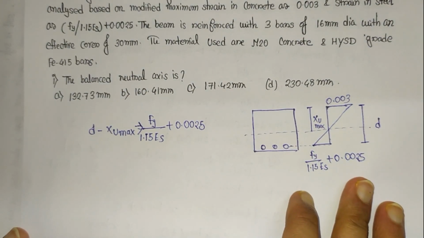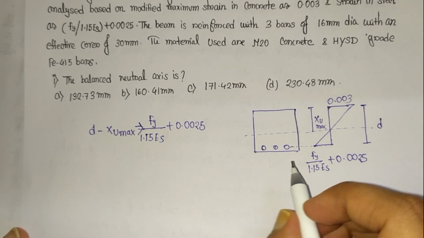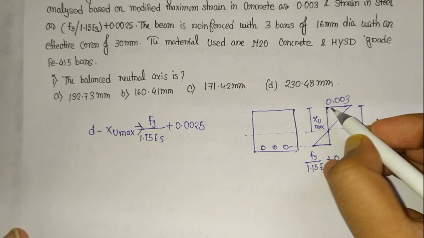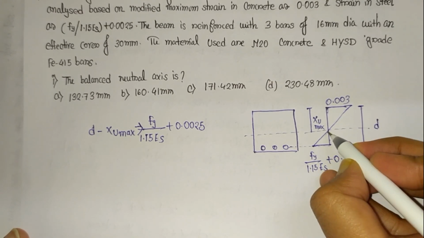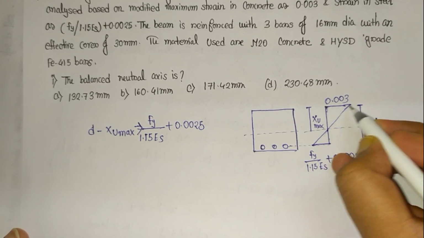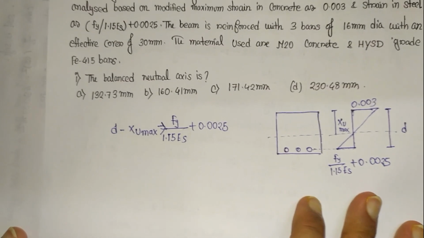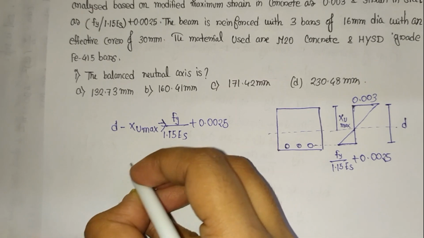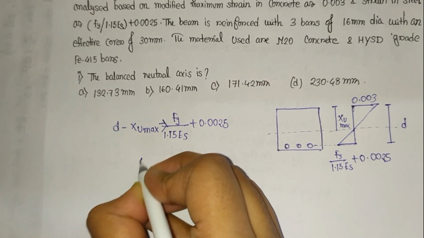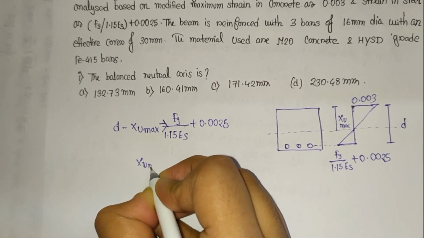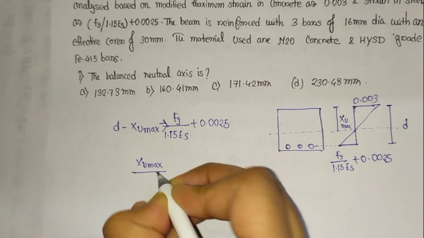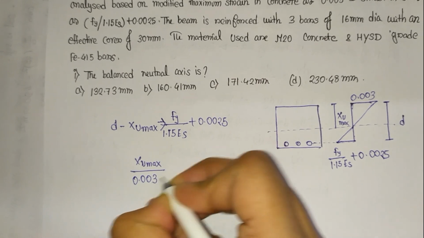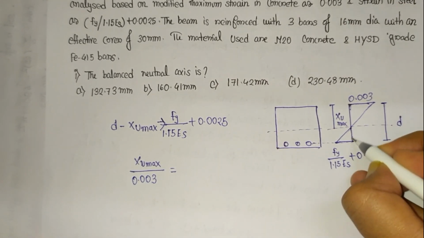Now from similar triangles, if we take this triangle and this triangle, we can write xu max divided by 0.003 equals this distance.